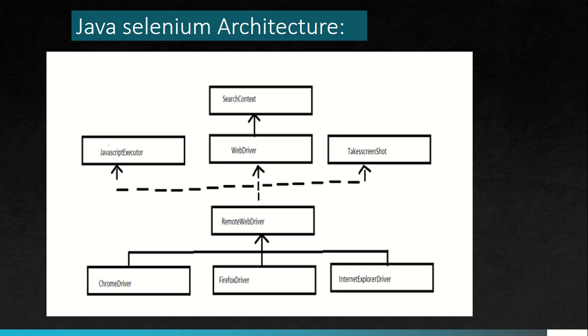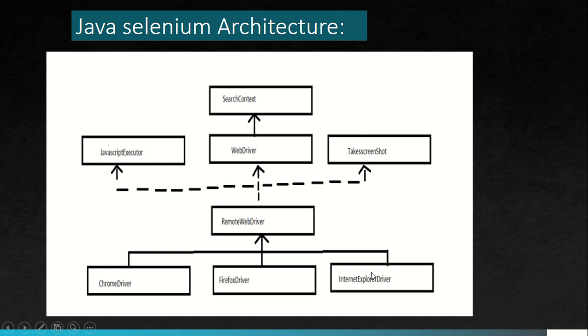Now let's come to the Java Selenium architecture. You can see here I have created a Selenium architecture diagram. SearchContext is the topmost interface in Selenium, and there are sub-interfaces like JavaScriptExecutor, WebDriver, and TakesScreenshot. These interfaces inherit the SearchContext interface, and the WebDriver interface has the RemoteWebDriver class, which is inherited by the ChromeDriver class, FirefoxDriver class, or Internet Explorer driver class.